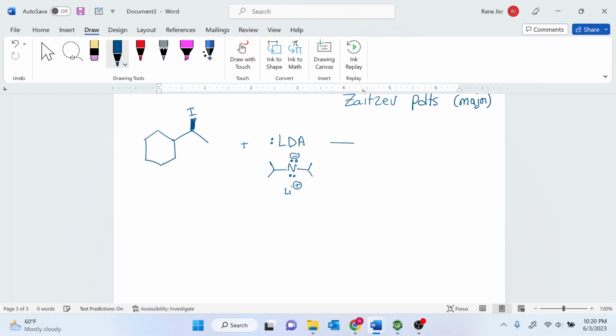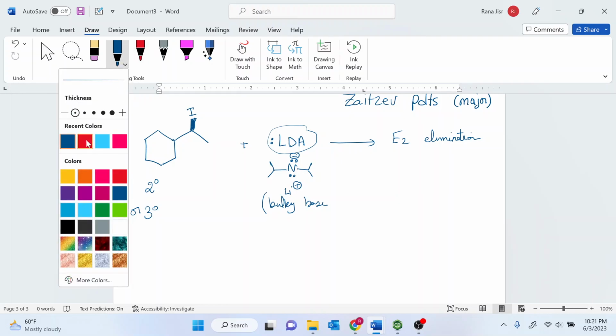So LDA now is going to be our bulky base, and that bulky base is going to favor the E2 elimination. If you're not working with a primary alkyl halide, so if you're working with a secondary or a tertiary alkyl halide, and you're using a bulky base, bulky bases are very bulky.